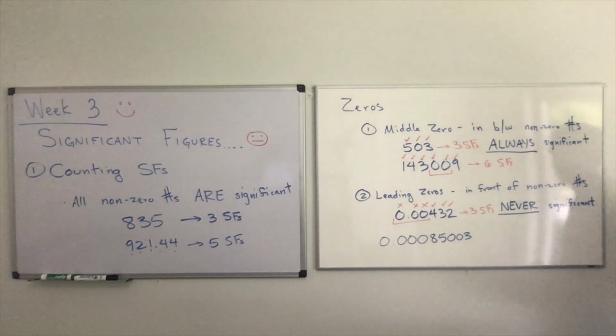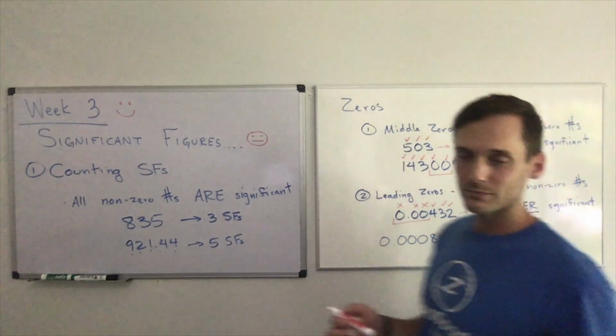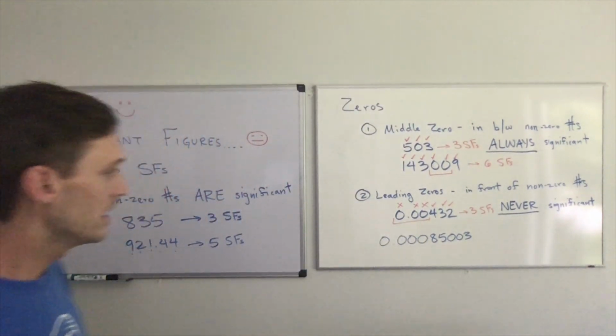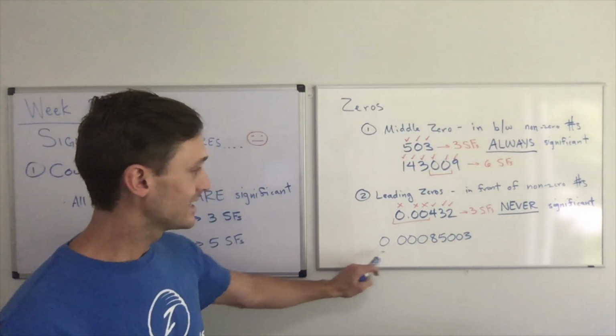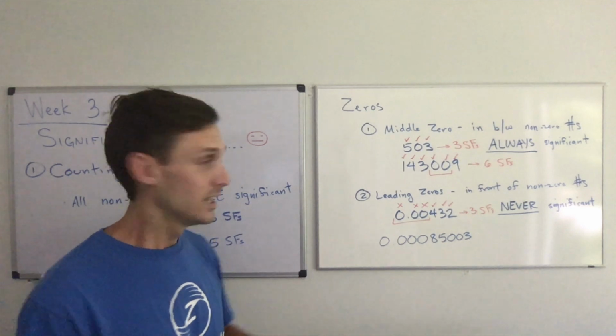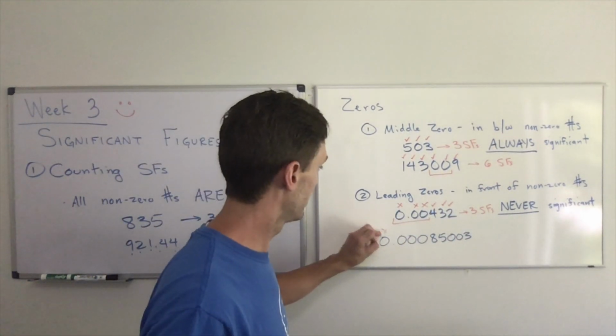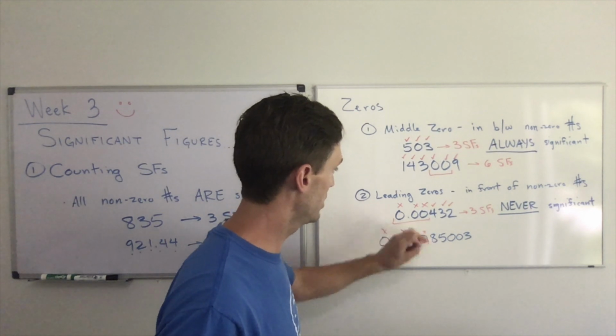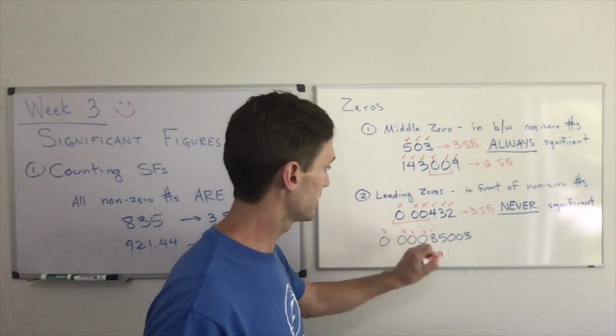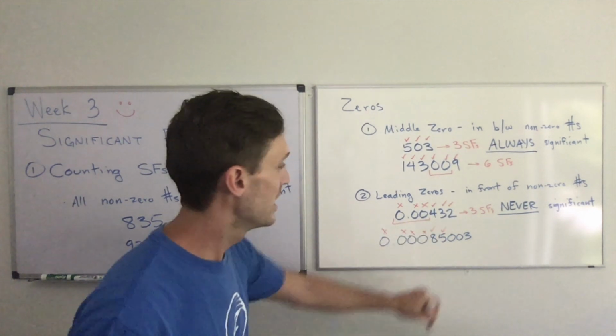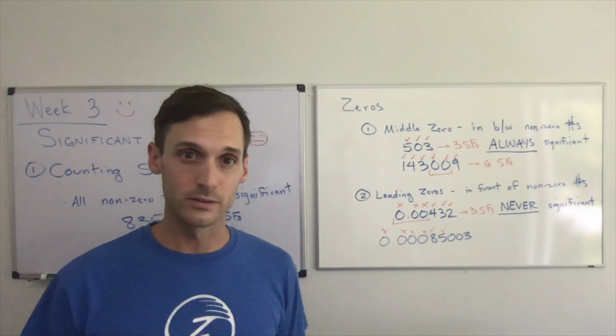0.000850003. It's a big ugly number, but if you just look at this number, we have all of these leading zeros out front. Those are never significant. We have an 8, that's non-zero, 5, non-zero, but then we come to 2 more zeros.